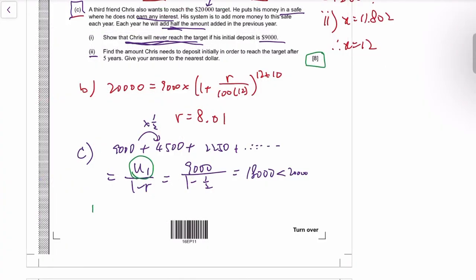Then see how much Chris should start with so they can reach the target in 5 years. So it sounds like it's S5. We want to do it 5 times so that the sum would already be 20,000. If you look at the formula booklet, the sum of a geometric series is u1 times 1 minus r to the power of n over 1 minus r.